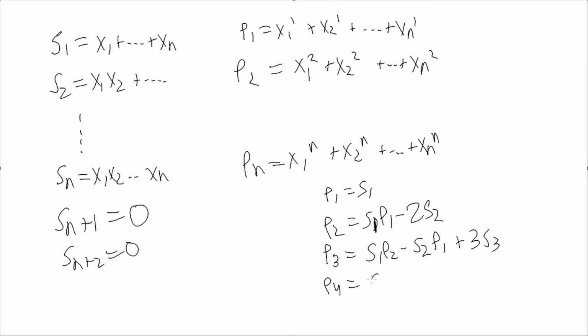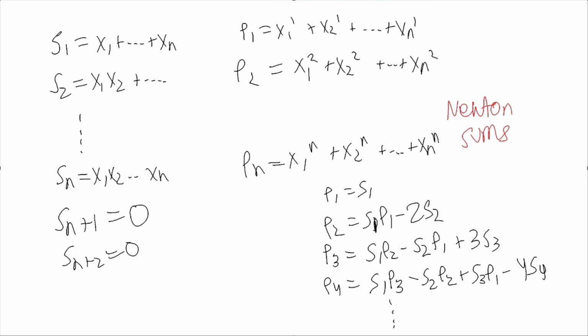P4 is equal to S1 P3 minus S2 P2 plus S3 P1 minus 4S4. And we just keep going and going. And this is known as Newton sums. And in this way, we can end up computing all the Pi.